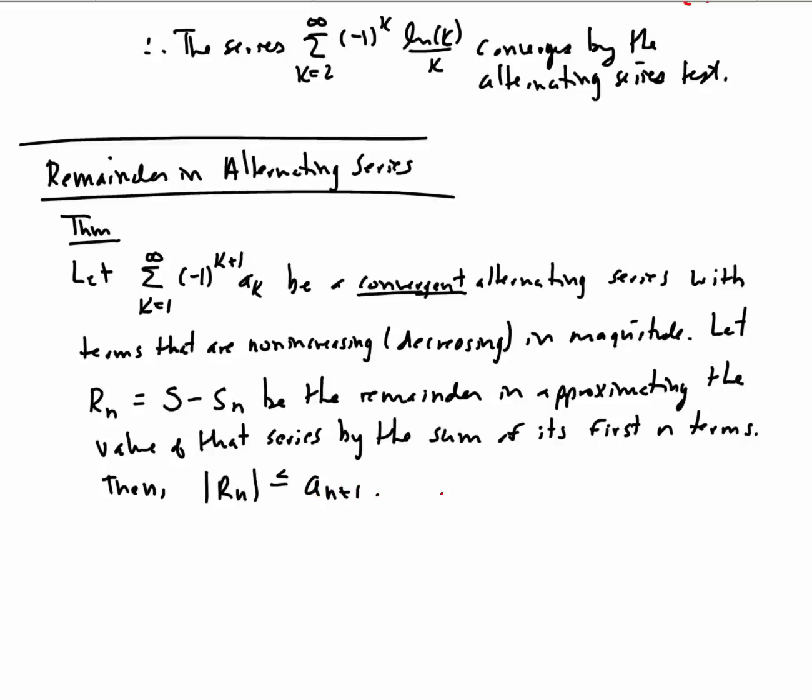So let's go ahead and write that out in words. The magnitude of the remainder is less than or equal to, so that notation of course you're familiar with, the magnitude of the first neglected term.